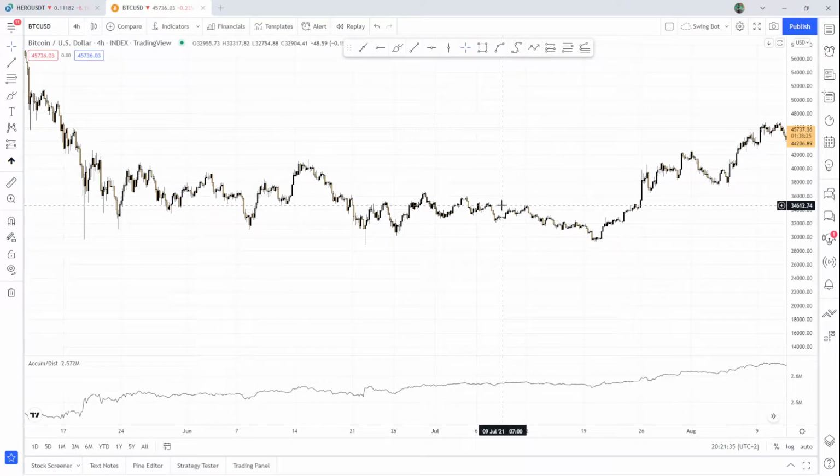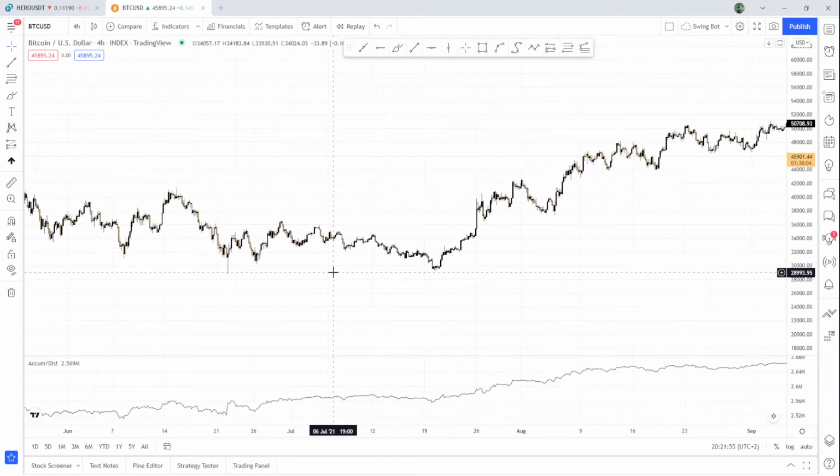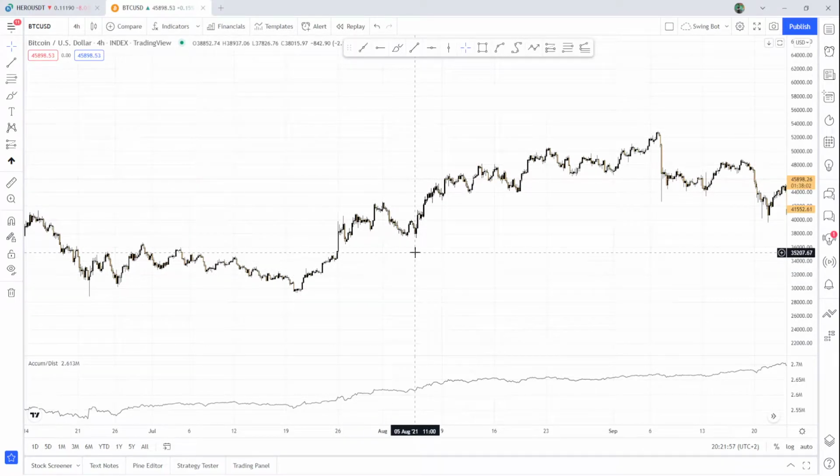For example, after we define the range, we can buy the bottom, sell or short the top, and do multiple trades in that accumulation zone, because an accumulation zone can hold from a few hours to a few days, maybe weeks or months.